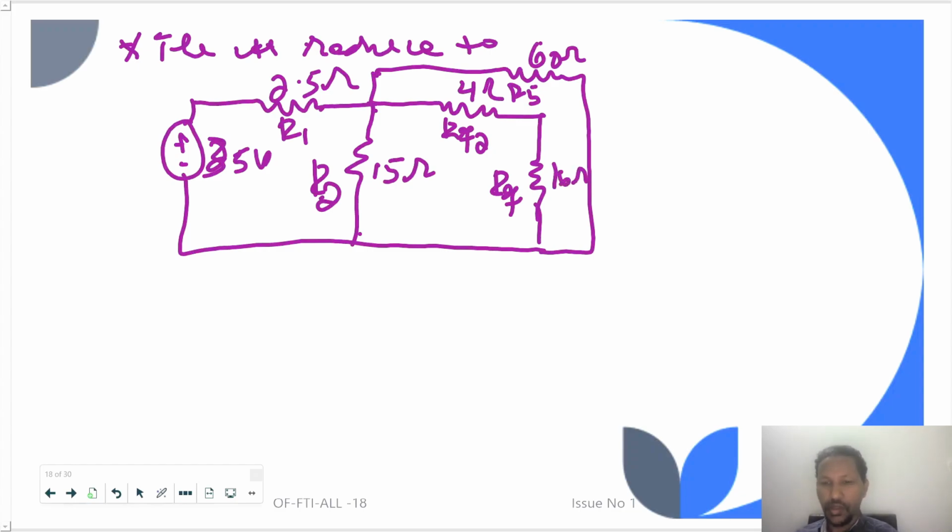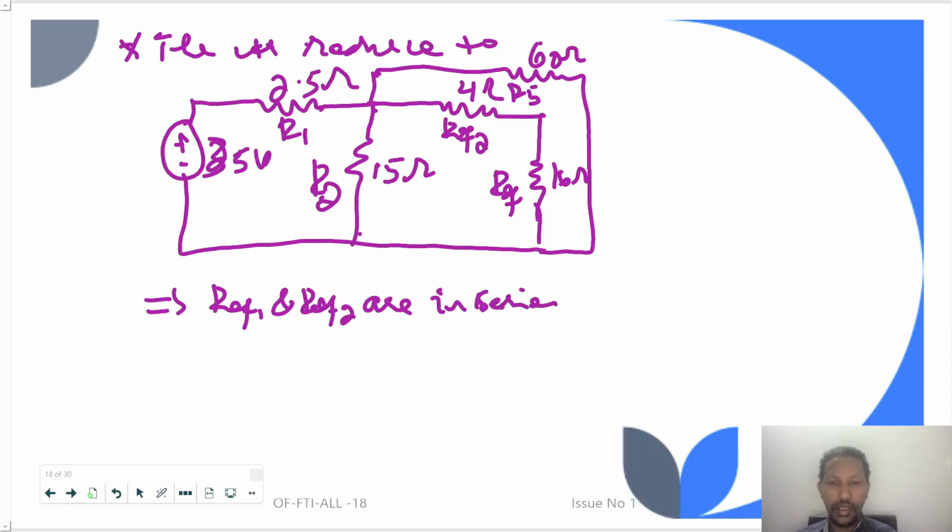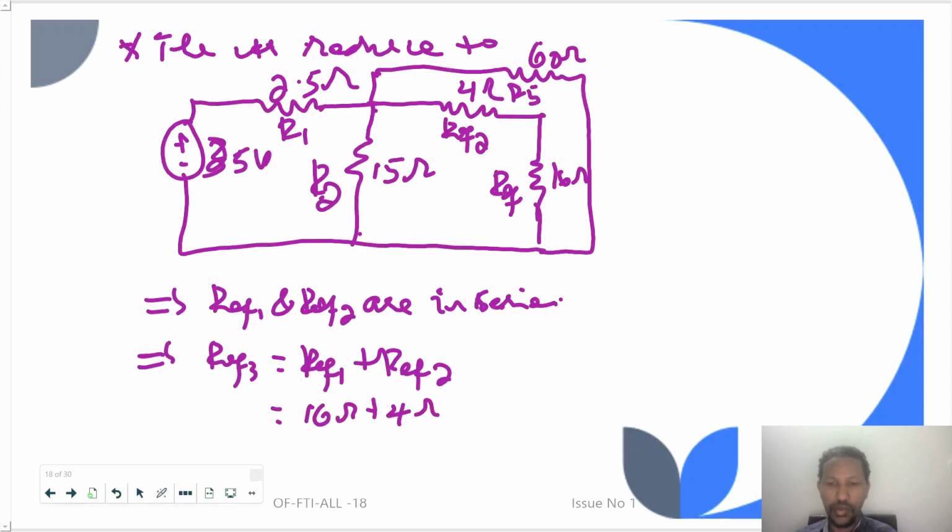As you can see from the configuration, R equivalent 1 and R equivalent 2 are connected in series. So their equivalent will be R equivalent 3, which is R equivalent 1 plus R equivalent 2, which is 16 ohm plus 4 ohm, equals 20 ohm.